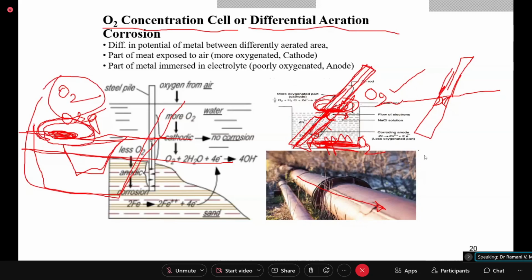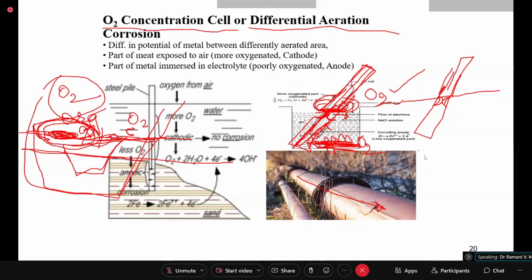Now, the moment it depletes the oxygen present around it, say it's a tank and the water is stagnant, then this part will start behaving as an anode, and the rest of the part which is in contact with 8 milligrams per liter of dissolved oxygen will start behaving as cathode. The moment anodic and cathodic areas are formed, dissolution of Fe will take place here and formation of rust will take place at the adjacent area.